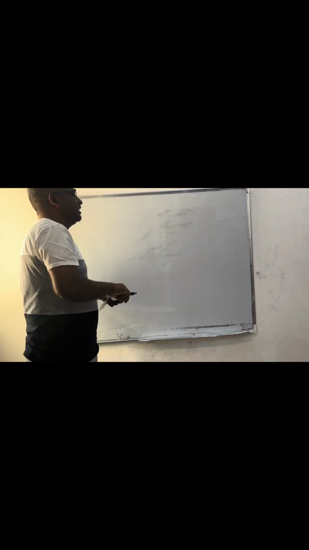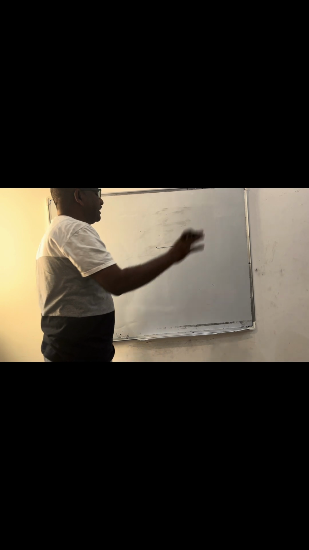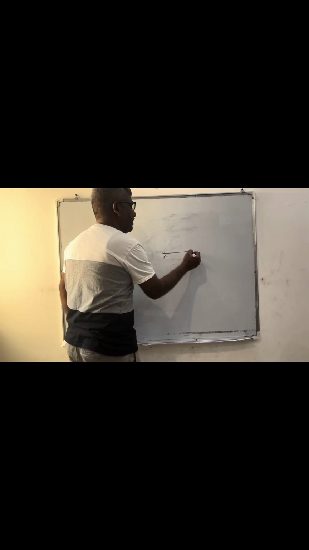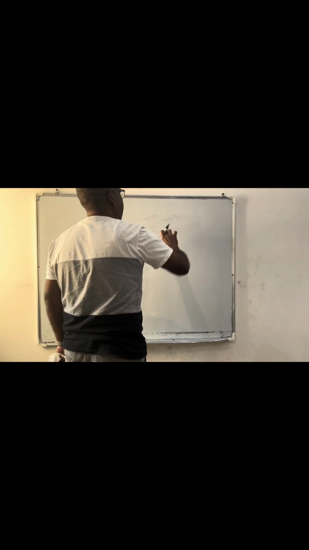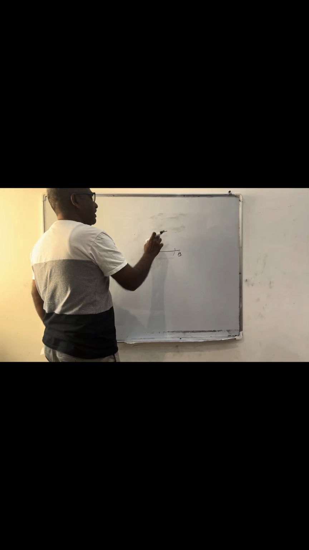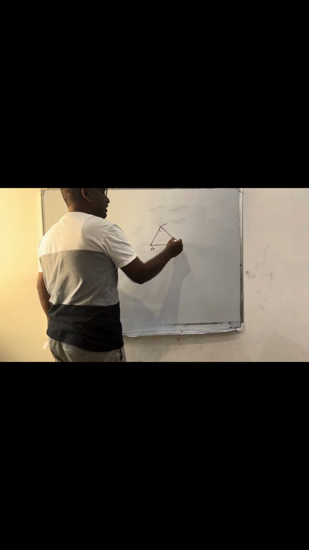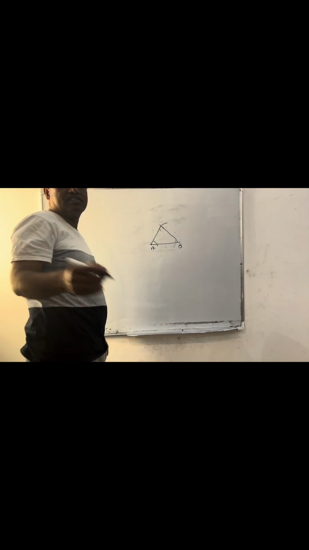Now 60 degree is an equilateral triangle. So take any one, 5 centimeter or so. AB is 5 centimeter, just take it out. Then from B, 5 centimeter take out. From A, 5 centimeter you take out. Because all are 5 centimeter, it is an equilateral triangle.